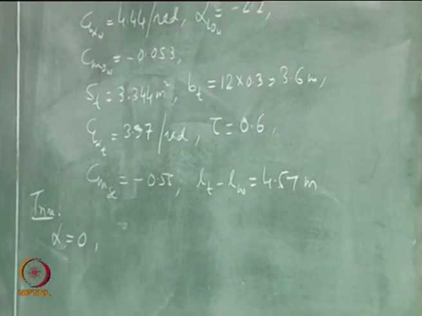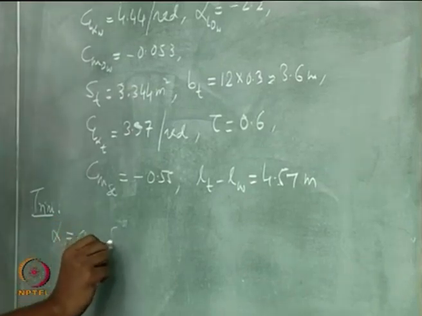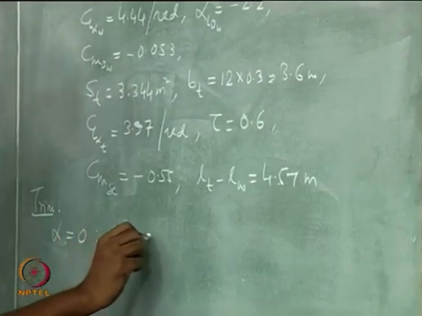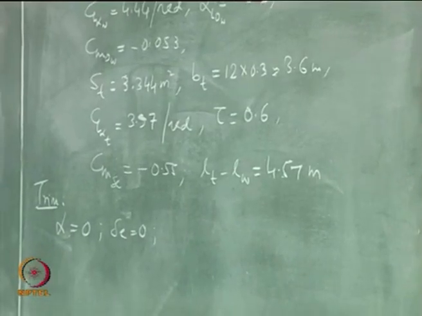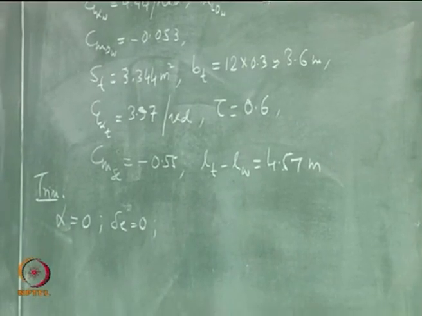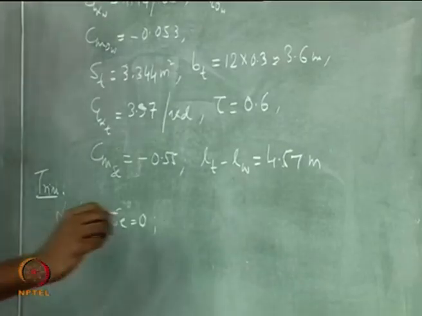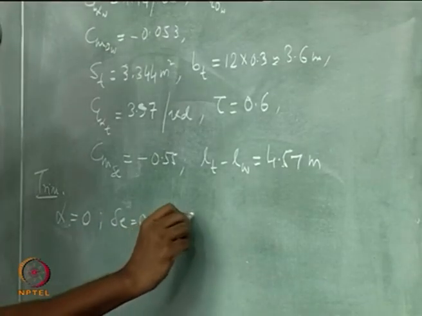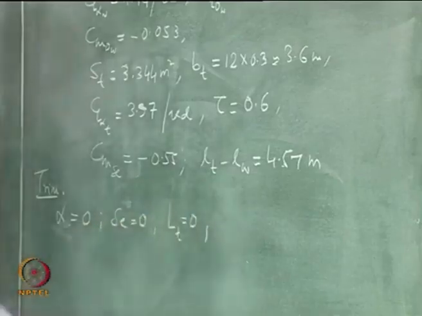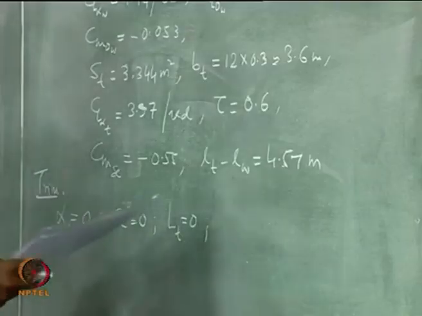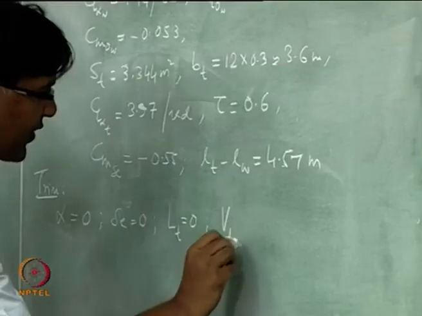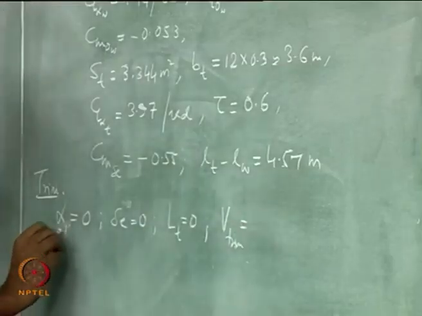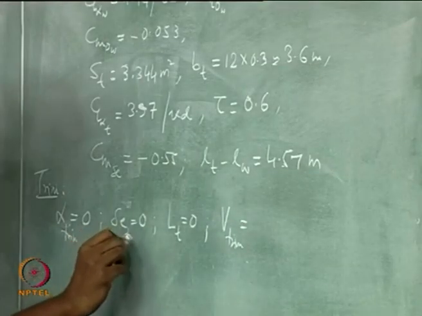Okay, let us say there is a condition like that. And at this delta E0 there is no lift produced on the tail. So, all of them are trim values.